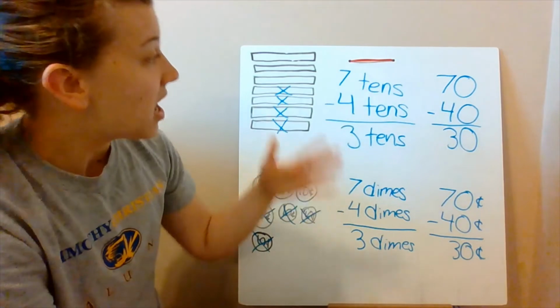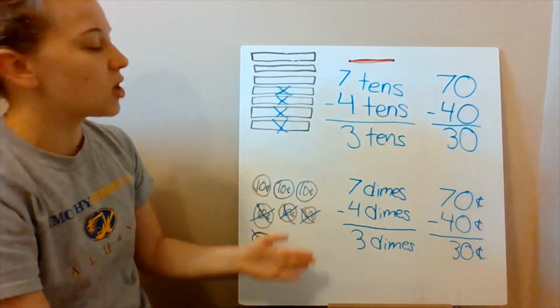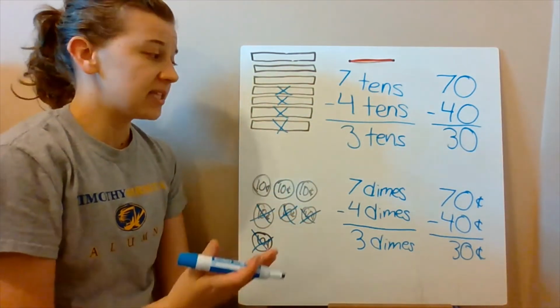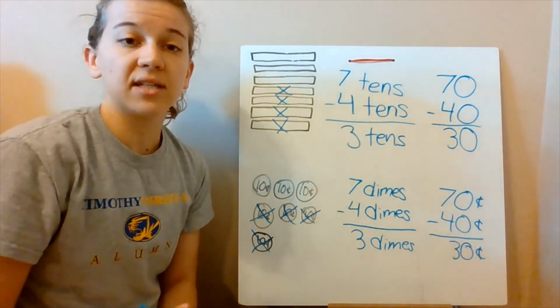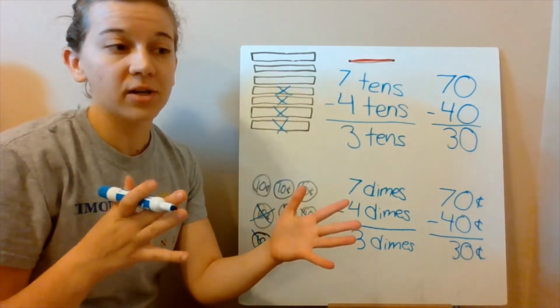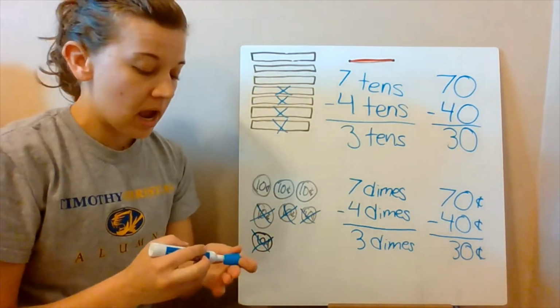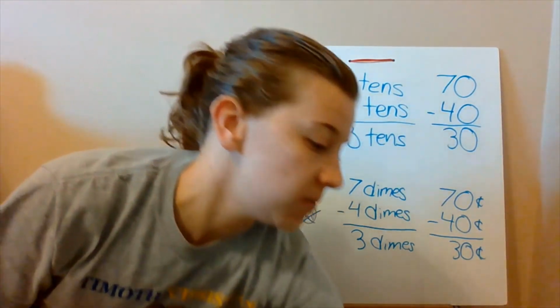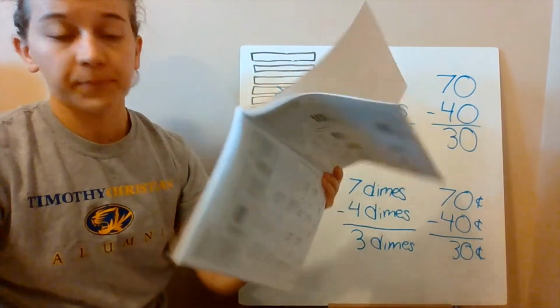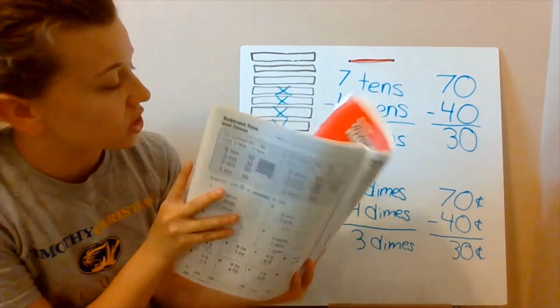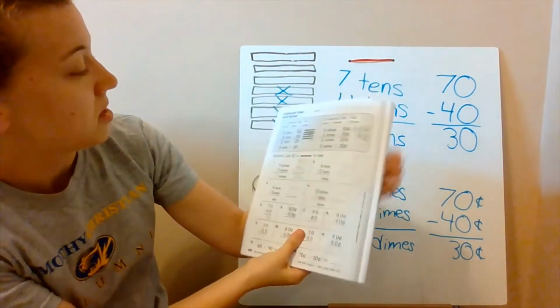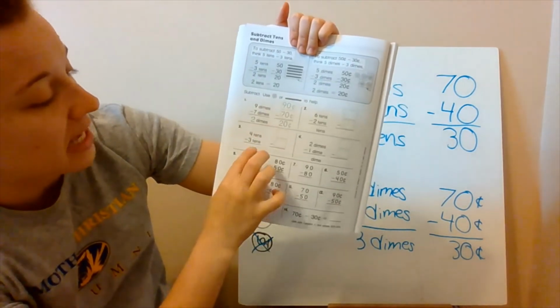Okay, boys and girls, so when you subtract tens and you subtract dimes, it's very similar. It's almost the same because tens and dimes are equal, or they work with the same amount. So in your workbook, you are going to be doing a page with subtraction questions that have dimes and tens.